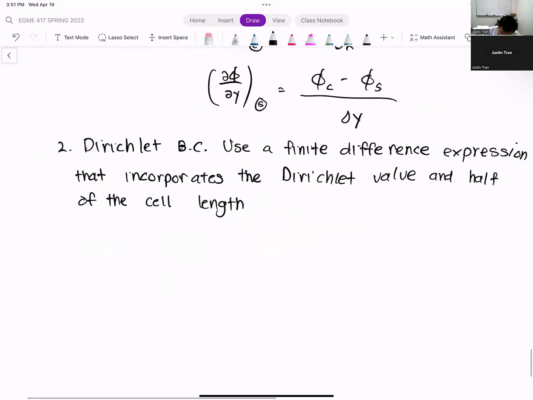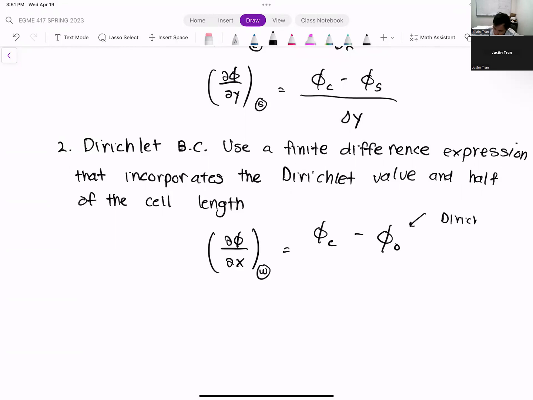For instance, take partial phi partial x on the west face. We're going to have phi sub c. There's no west neighbor, so we can't have a phi sub w, but what we can have is phi sub 0, which is what I'm using for the Dirichlet value. We divide this by half the cell length, so delta x divided by 2.